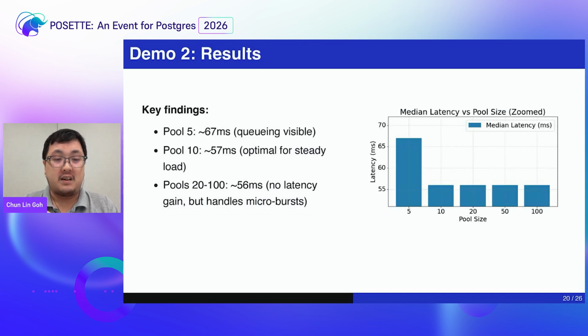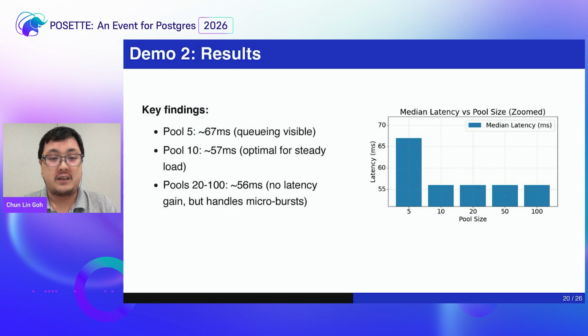Okay, so when I run the demo with the simulation code, what I get is this graph as you can see over here. I ran the test for pool sizes of 5, 10, 20, 50, and 100. Surprisingly, after a pool size of 10, the improvement is not a lot.